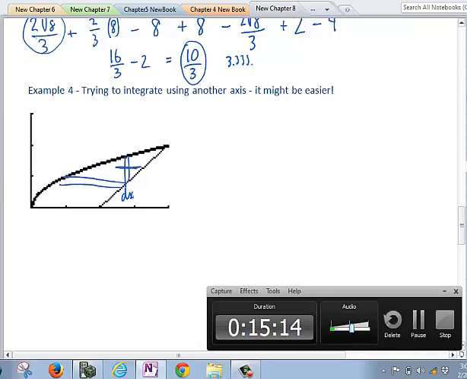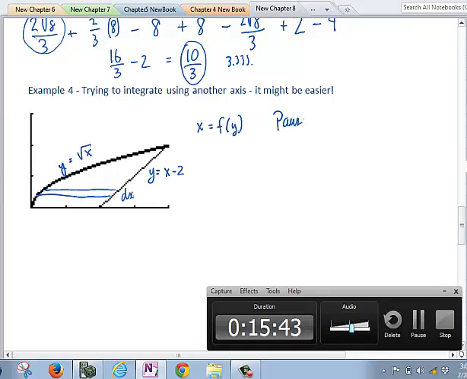But what I want you to do when I pause the video is figure out if this is y equals x minus 2, and if this is square root of x equals y. I want you to write these equations as functions of y instead of functions of x, because we're going to do a dy integral. Okay, I want you to take a stab at switching those functions over, and then when I come back, we'll see what you have.